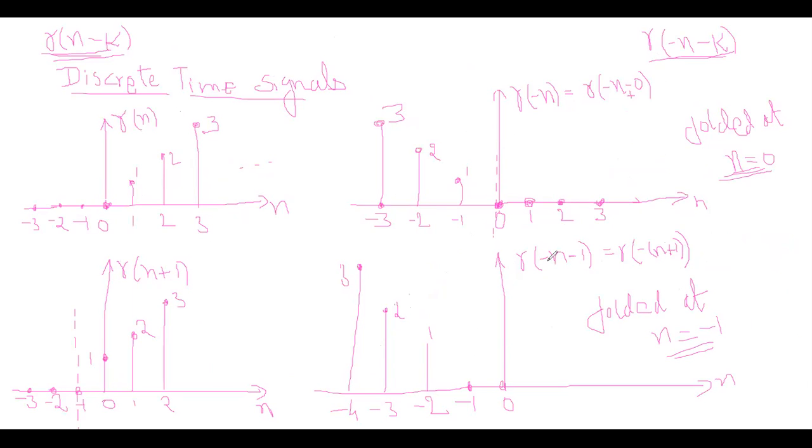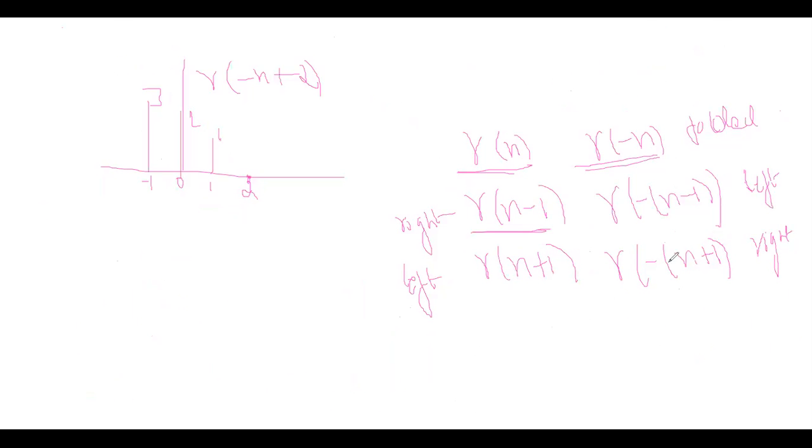R of minus n minus 1 is the left side here. So minus is represented as left here, whereas minus for the normal function is right.